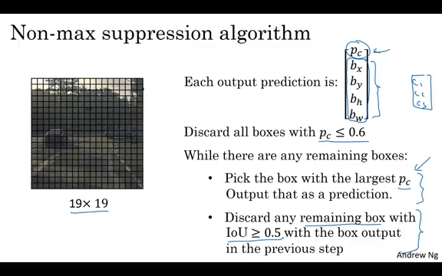And so you keep doing this while there's still any remaining boxes that you've not yet processed, until you've taken each of the boxes and either output it as a prediction or discarded it as having too high an overlap or too high an IOU with one of the boxes that you have just output as a predicted position for one of the detected objects.